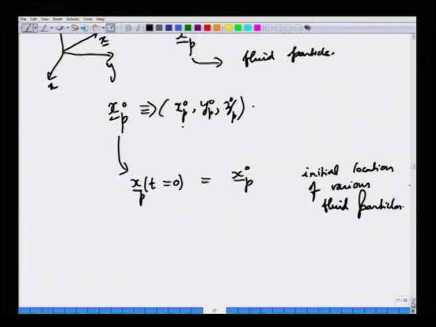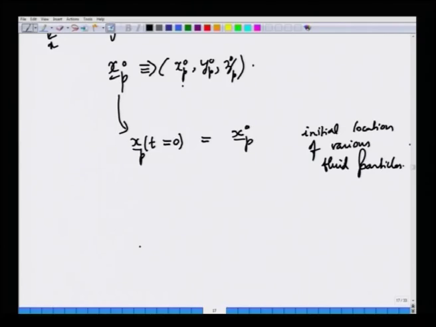Now, upon the influence of forces, the location of these particles at time t will change in general, of various particles will change, due to fluid motion.